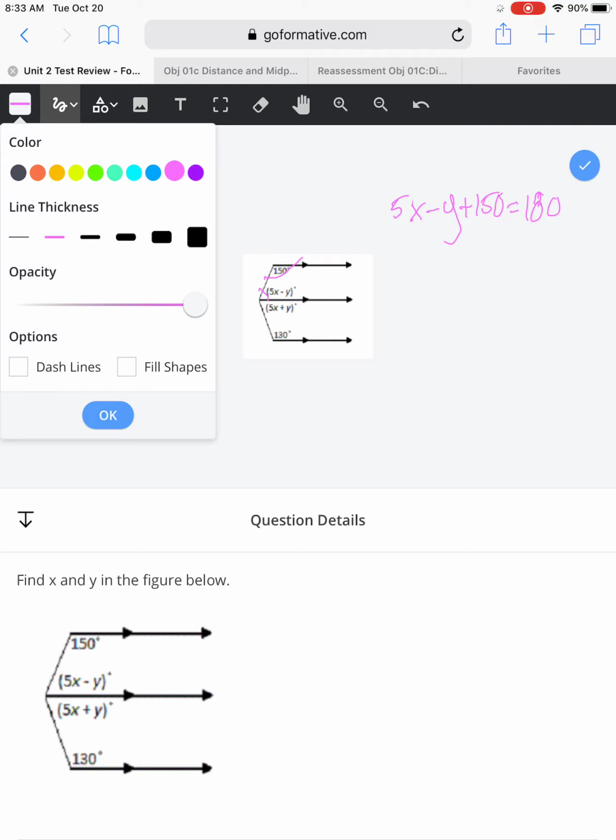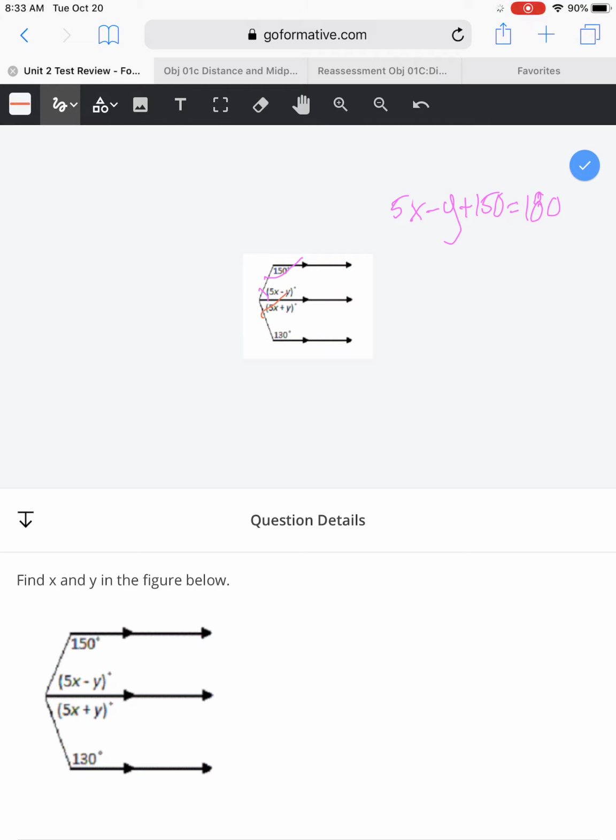And the other thing that I know, because these are also consecutive interior, is that 5x plus y plus 130 is equal to 180. Now, I have two equations and two variables. What I want to do is make it so that if I could replace this with some sort of x or this with some sort of y, I could solve.